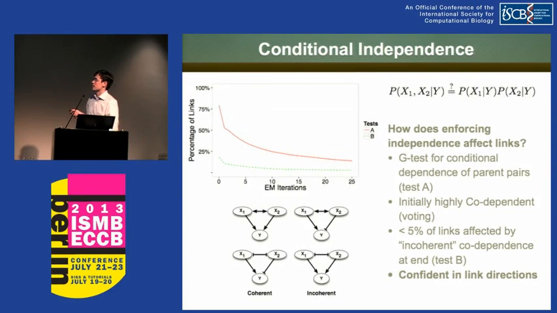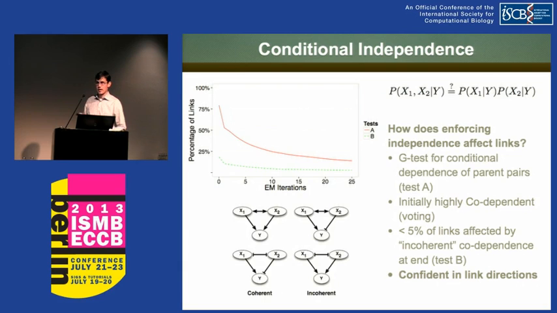And then we also looked at, in these triplets, whether the directions of the signs were coherent. Here everything's an activator, so all those directions make sense. But here, x1 is positively correlated with x2 and y, but then x2 is negatively correlated with y.